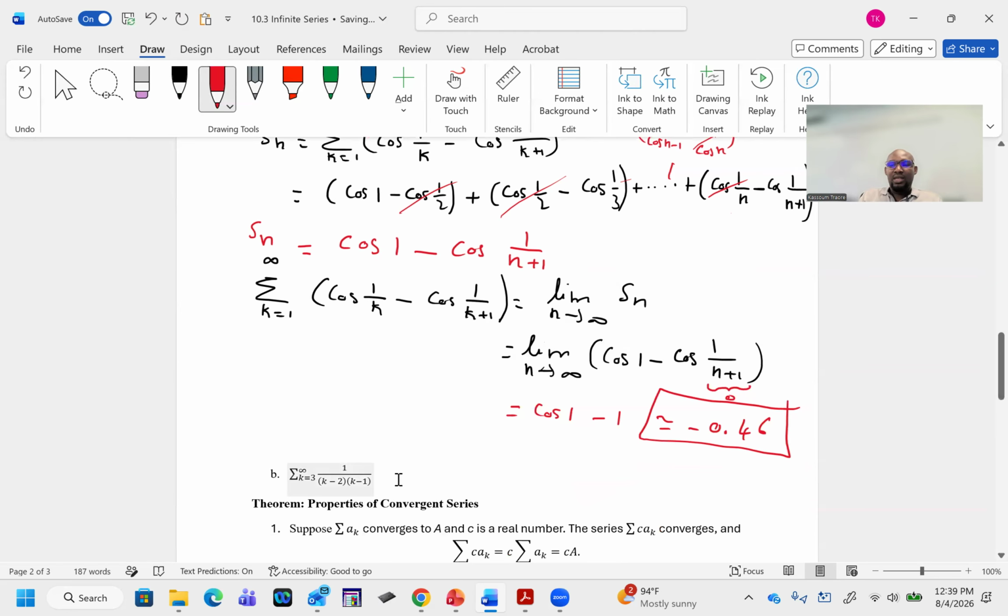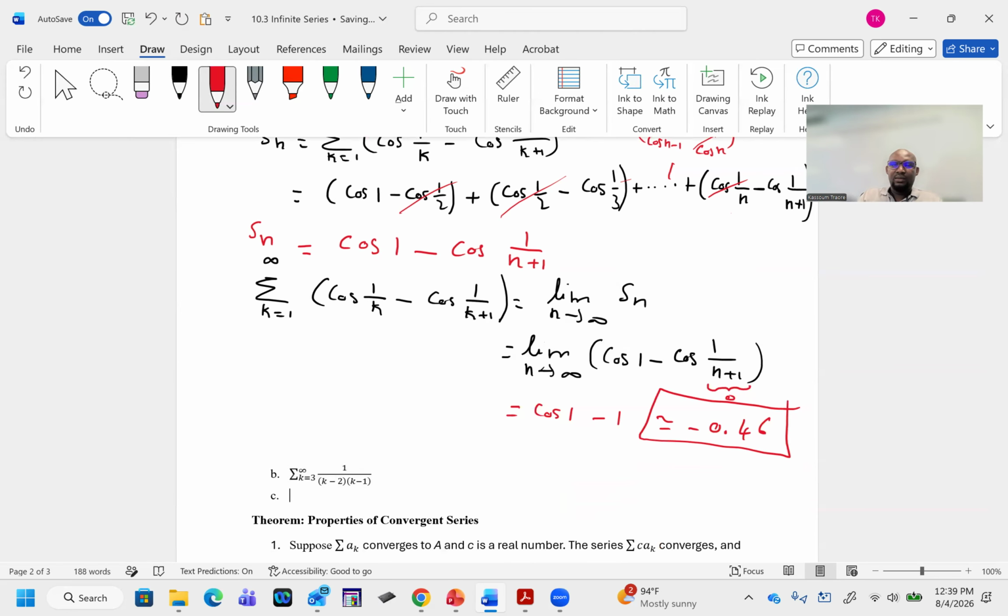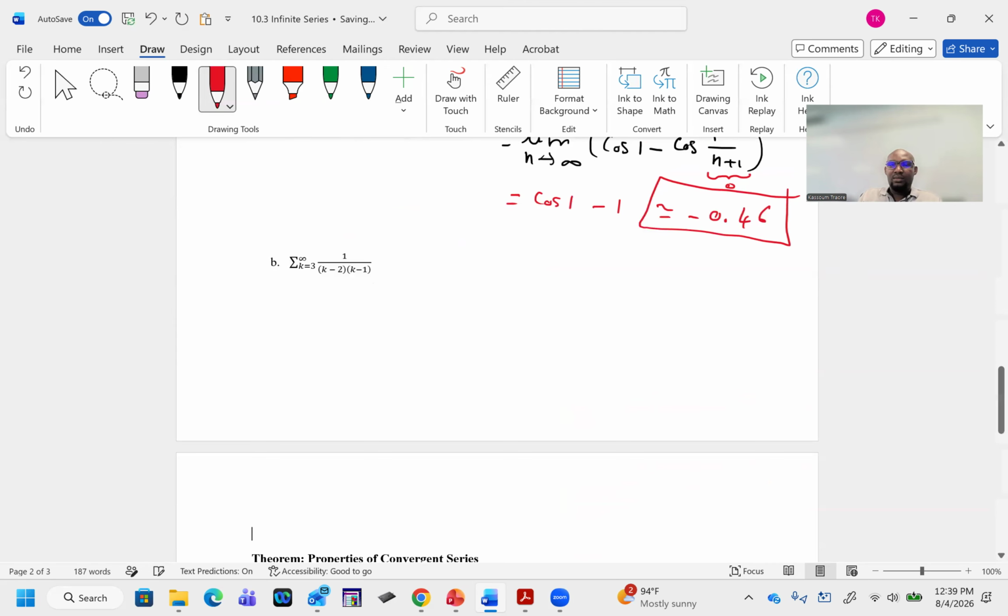So let's go ahead and do B. If you look at the initial value of the index, it starts from 3, not 1, right?